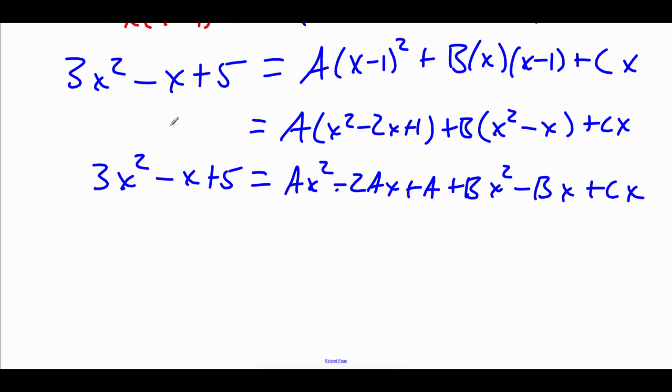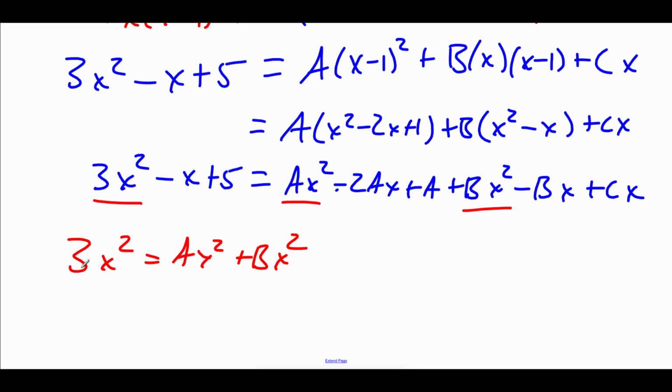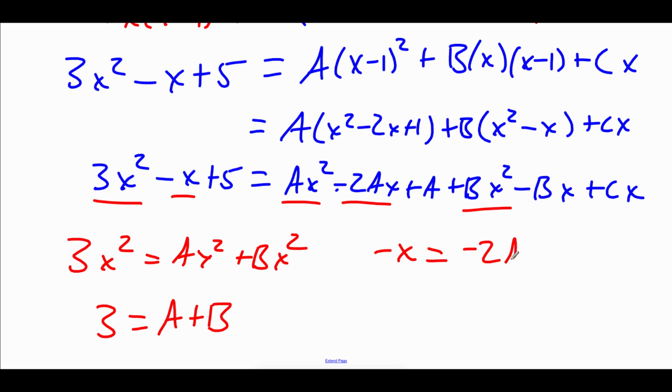Now we're looking for things that are similar, so 3x squared, ax squared, bx squared, so 3x squared equals ax squared plus bx squared, and I'm going to get rid of those x squareds, so we get 3 equals a plus b. As far as first powered x's, we've got negative x on the left-hand side. On the right-hand side, we've got negative 2ax minus bx plus cx.